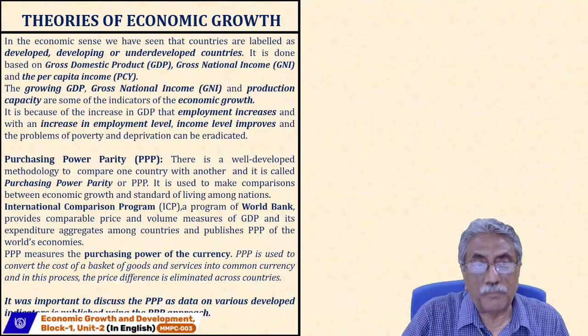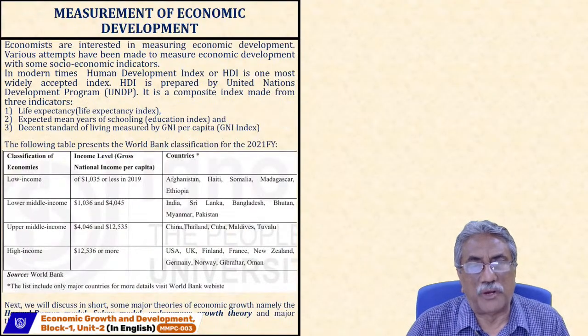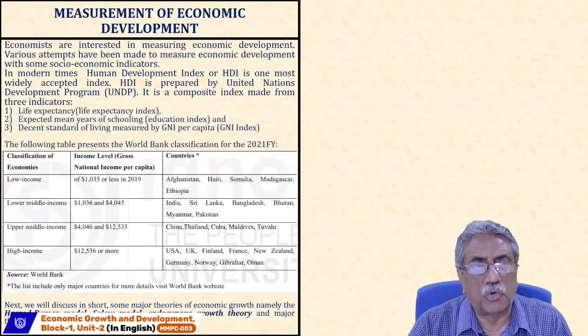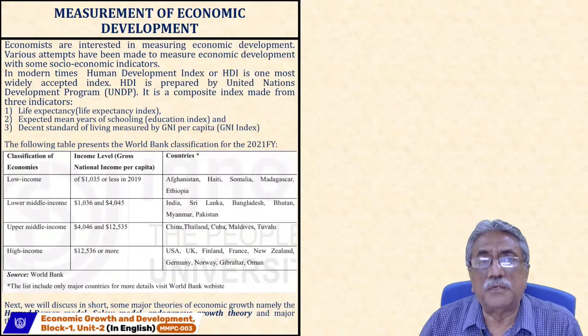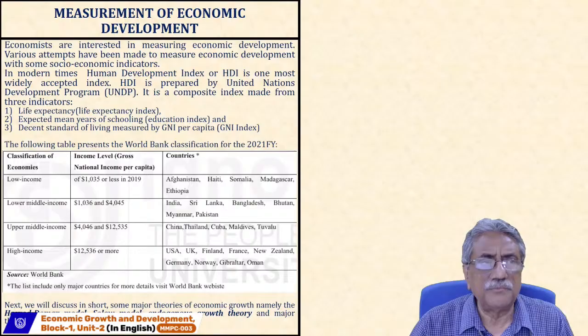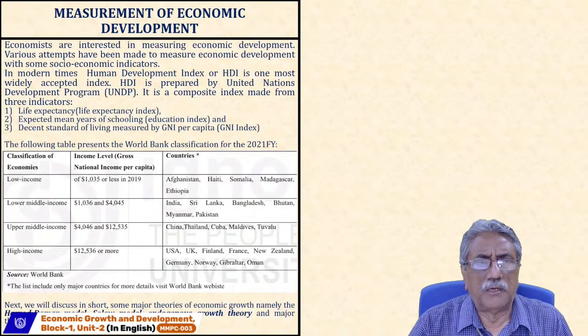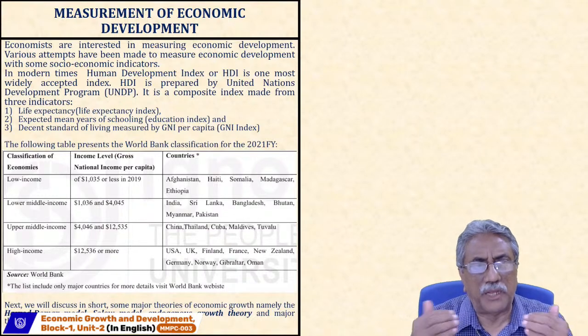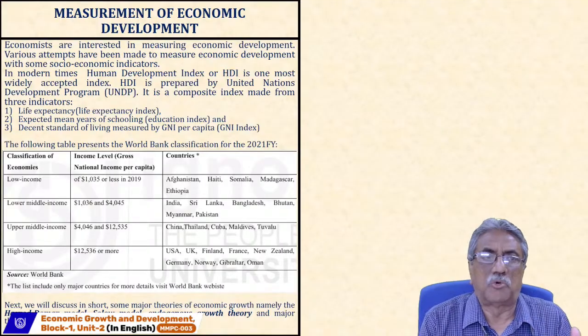Now let us go to the theories. Before theory, let us measure the economic development. Then after that we will go to the theory. Economists are interested in measuring economic development all the time. And there are various attempts at what I call development. High GDP, or everybody will be living, getting a square meal, have a good house and good quality.